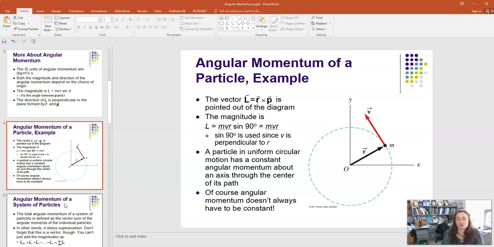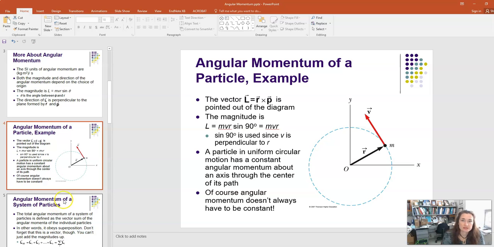And so then you can write your angular momentum as L is equal to m v r sine of 90 degrees, which is just m v r. So this is a pretty typical way to think, but just bear in mind that it doesn't always have to be this way. It is for circular orbits where objects are in uniform circular motion, but it doesn't have to be that way always, okay?